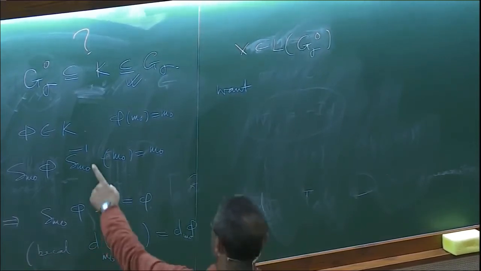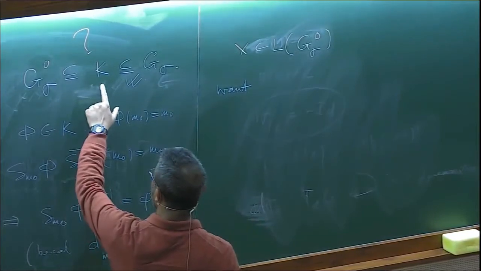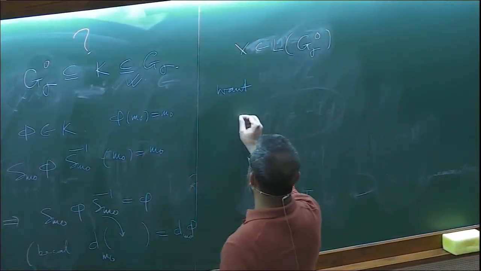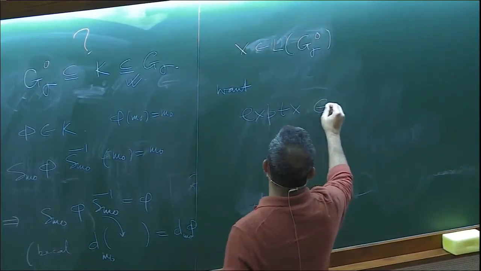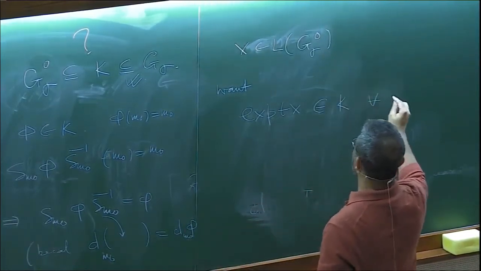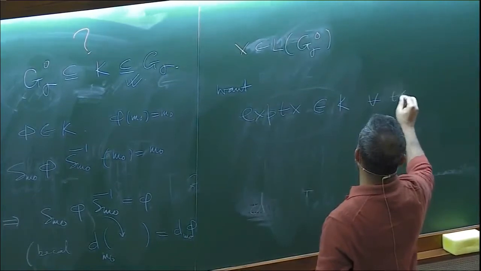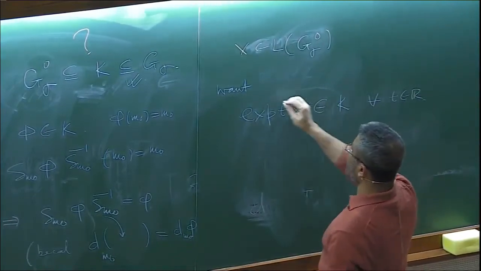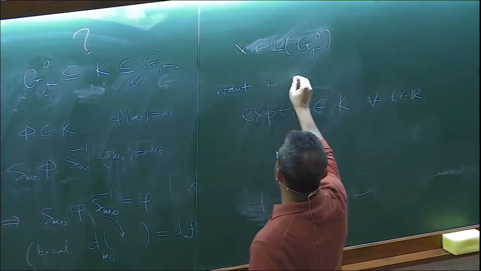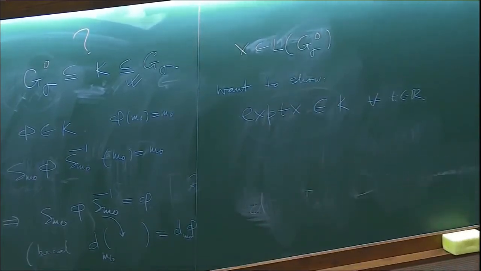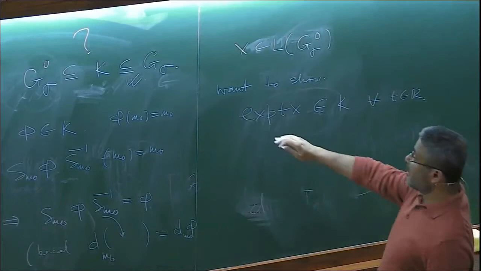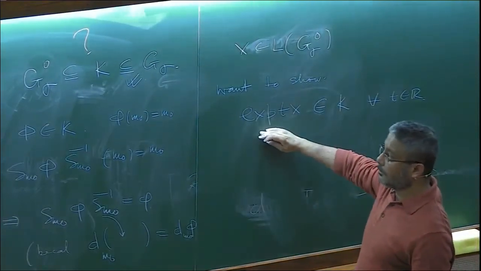So to prove that this is here, it is enough to prove that exp(tX) lies in K for all t in R. But these are isometries.